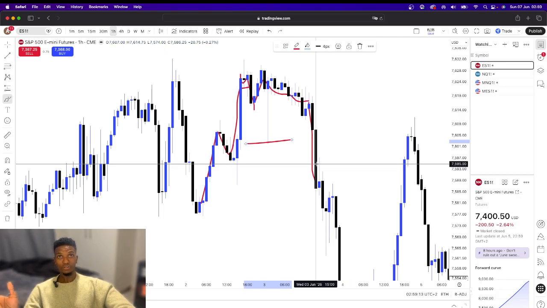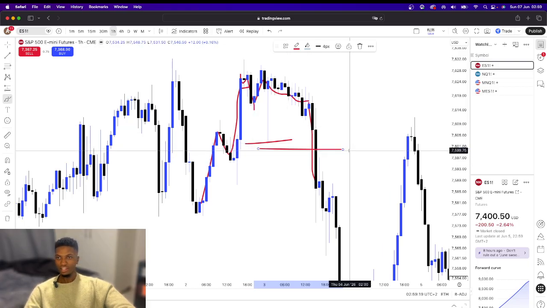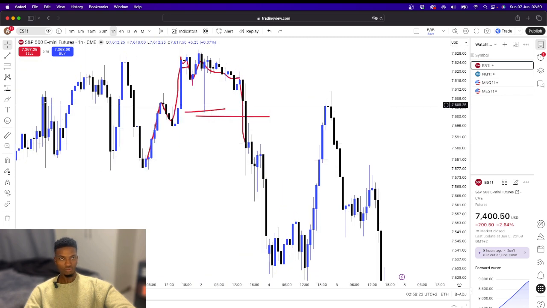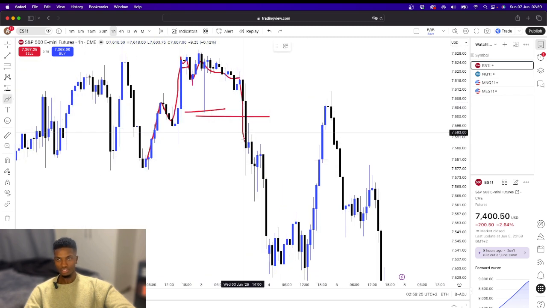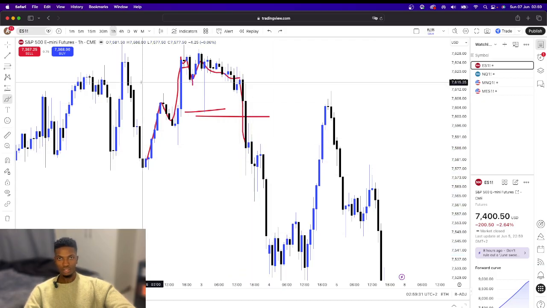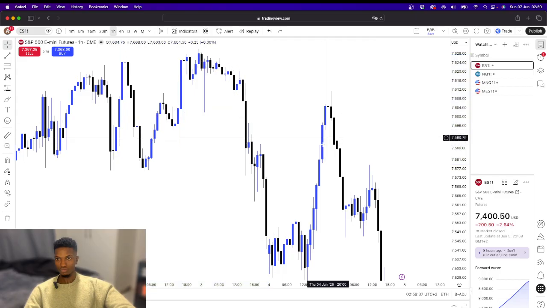I'm not sure if you're with me on this one, but then it might be a little bit confusing. However, there was a break of structure down here, and then what happened afterwards? Once the break of structure was completed, perhaps this is not the best example. Then we have a move up, a move down, a move up, move down, and so on and so forth, right? So let me try to find a good example which won't be as confusing for you.